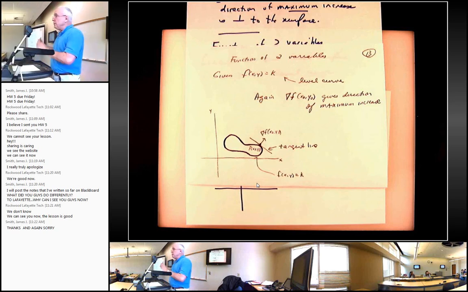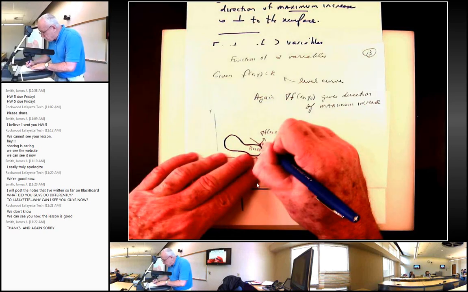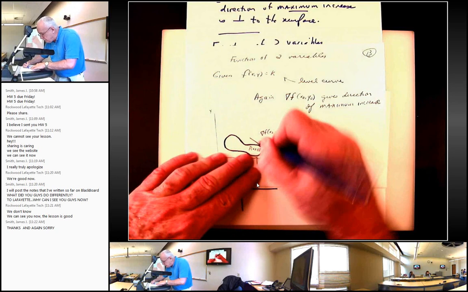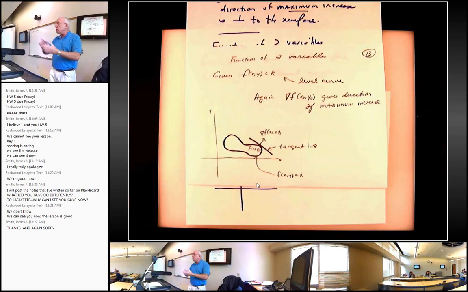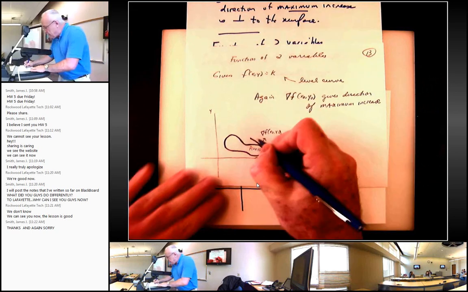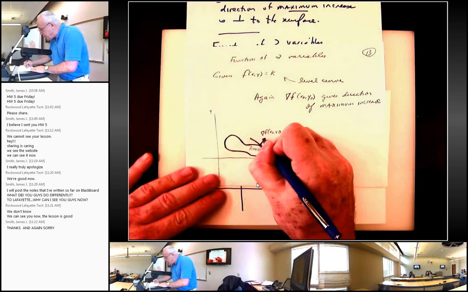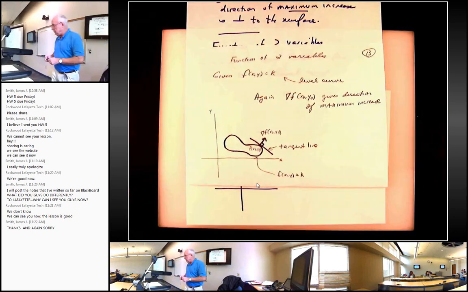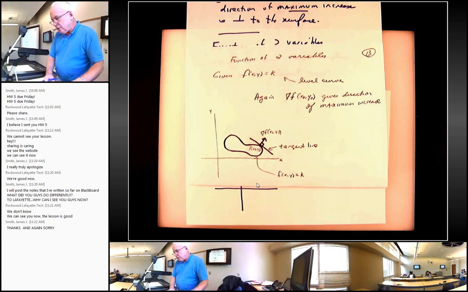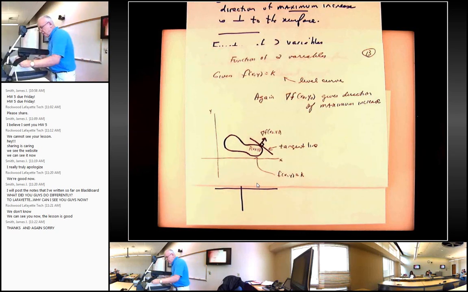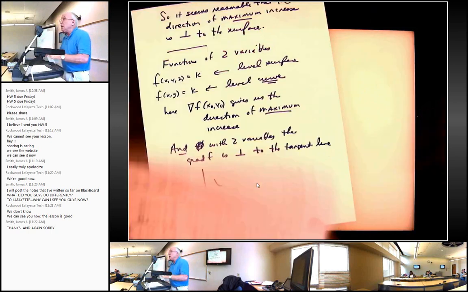Instead of on the surface, now we're just looking on a curve. And the gradient is going to be, and here's our tangent line to the curve, just touching the curve. The gradient now will be perpendicular to the tangent line, all right? And I just got a couple of drawings here that I'll throw out here, and that'll be it for today.